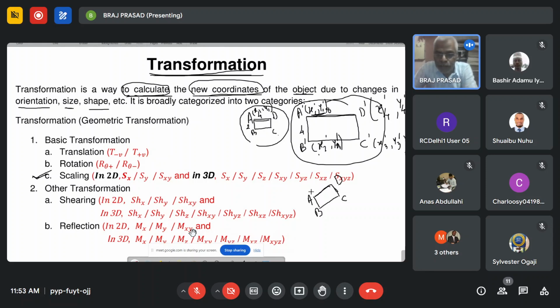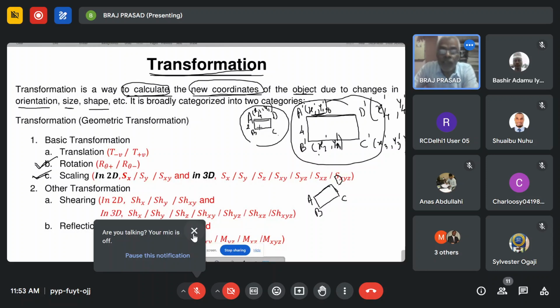So we have to find the new coordinates of this rotated rectangle, and they will be found with the help of rotation. Rotation is a method to find the new coordinates of the object if that object is rotated by some angle. You can rotate this object by 45 degrees, 60 degrees, 30 degrees, 180 degrees, up to 360 degrees. So we can rotate this object from 0 degrees to 360 degrees.